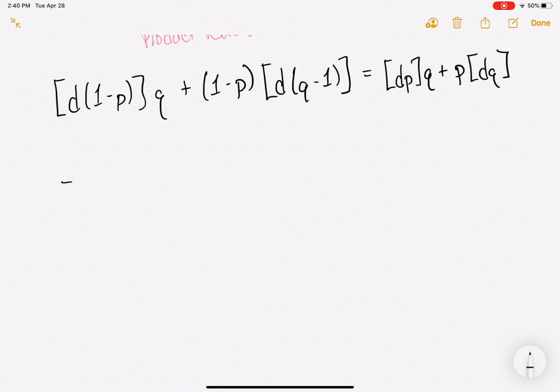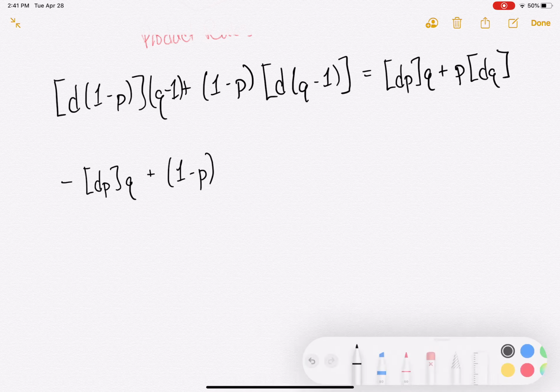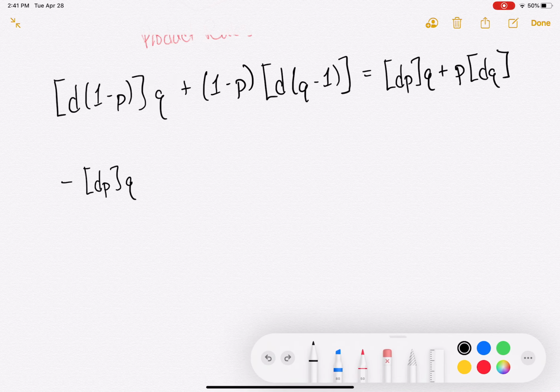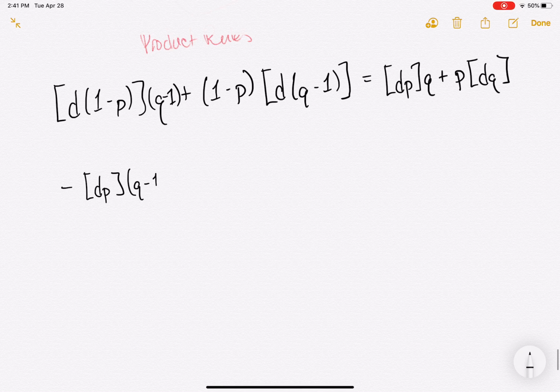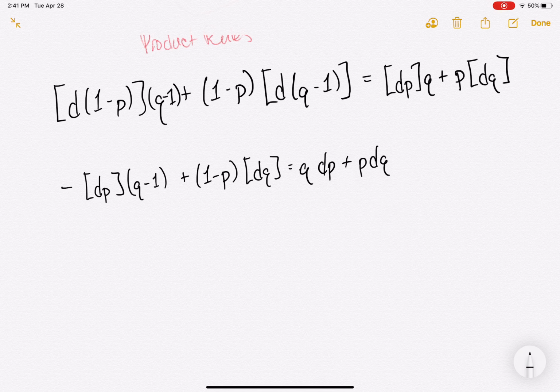So this is really negative dP (Q minus 1) plus (1 minus P) dQ equals Q dP plus P dQ.